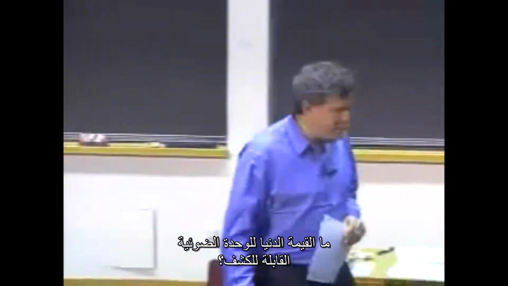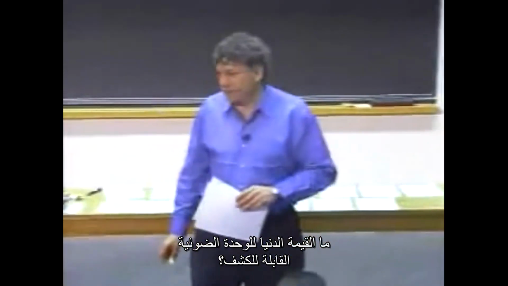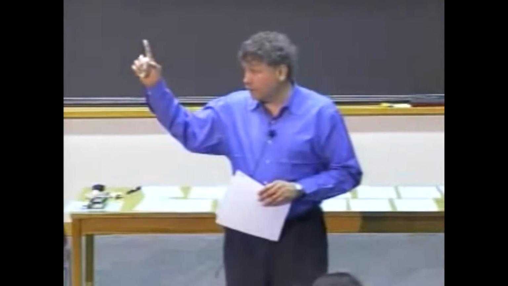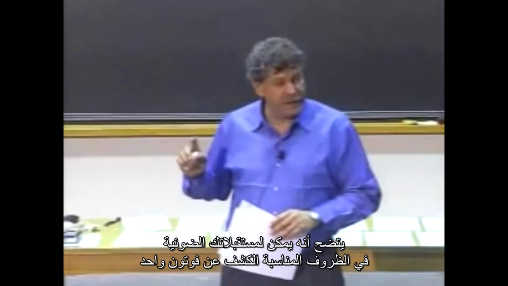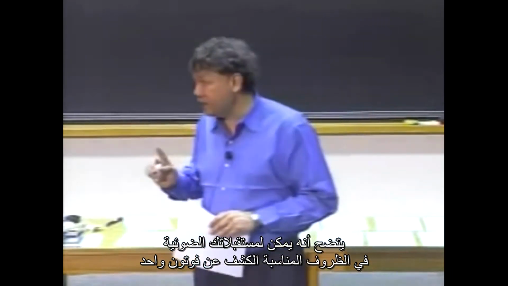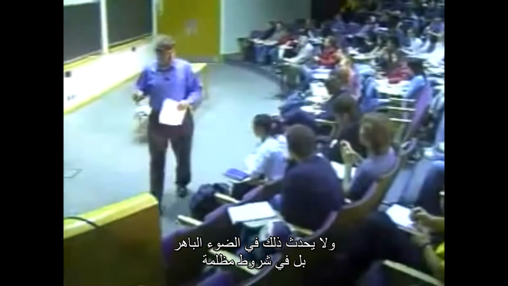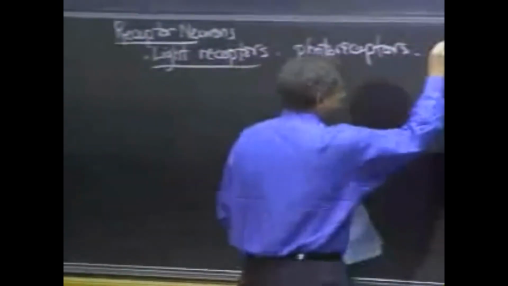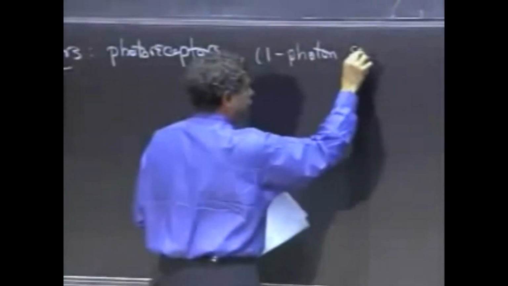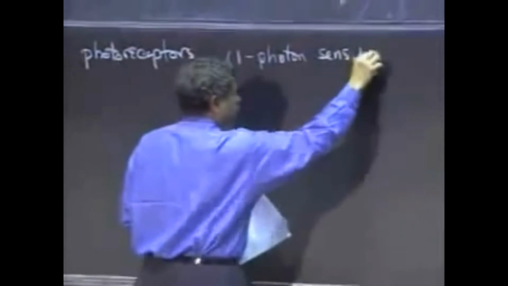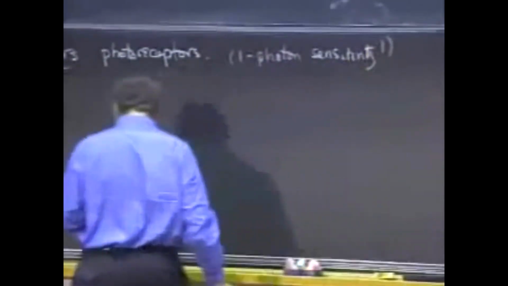What's the absolute minimum possible detectable unit of light? 1 photon. It turns out your photoreceptors can, under appropriate circumstances, detect a single photon. Not in the bright light, but in dark adapted conditions, you actually have 1 photon sensitivity. Very impressive. Under appropriate conditions, mind you.